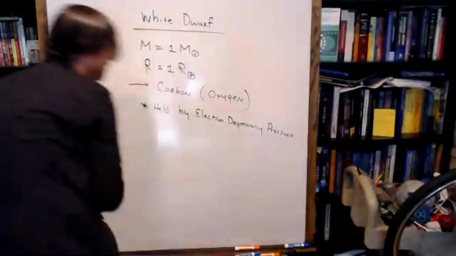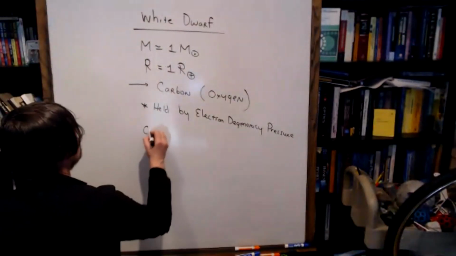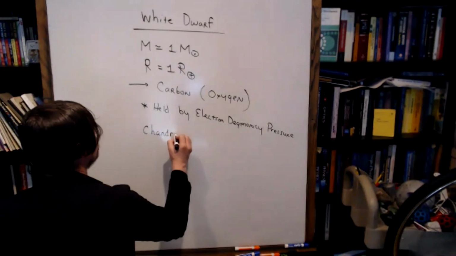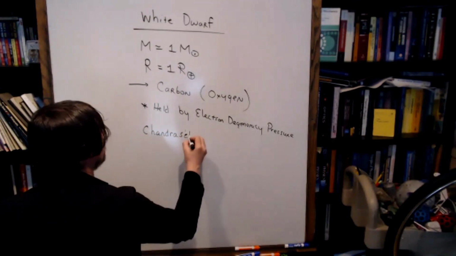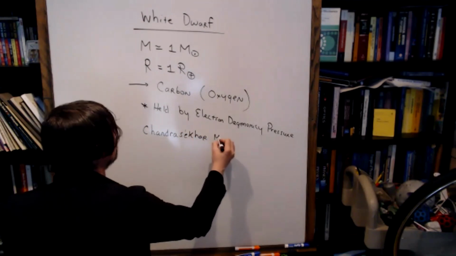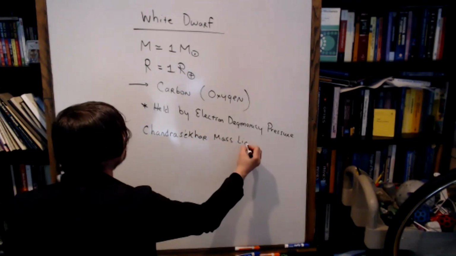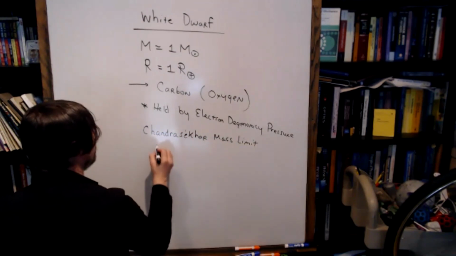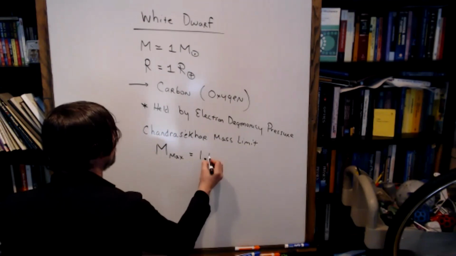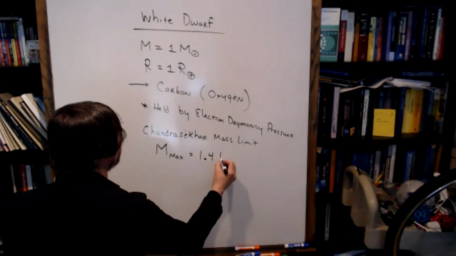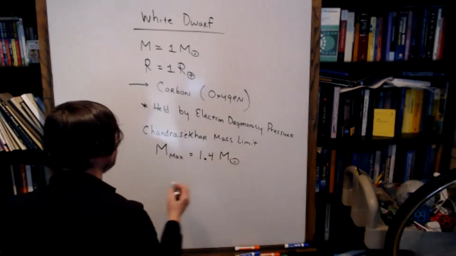The key idea is that there is something called the Chandrasekhar mass limit for a white dwarf, and this is the maximum mass a white dwarf can have. It's 1.4 solar mass units.